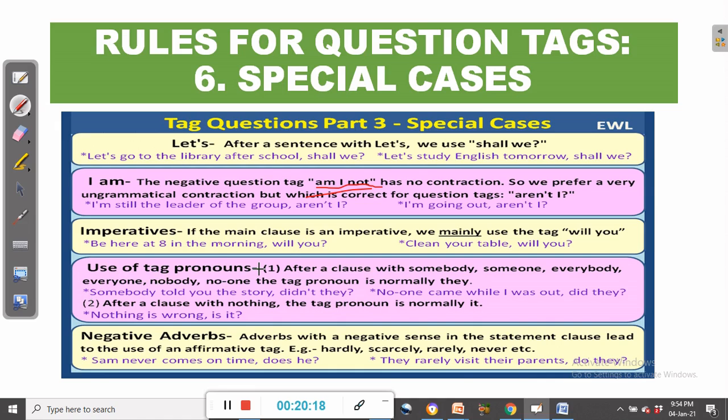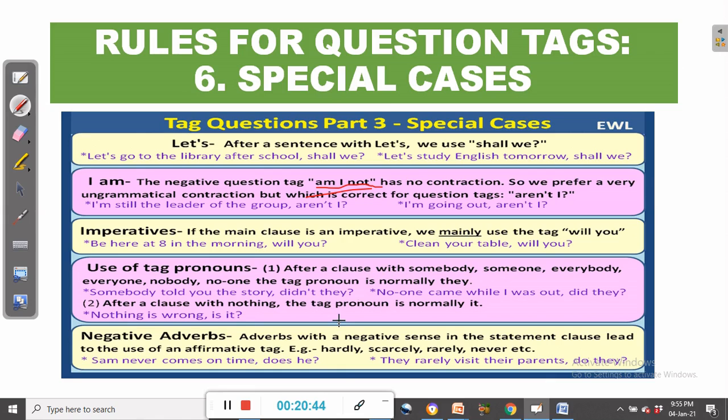The use of tag pronouns after a clause with somebody, someone, everybody, everyone, nobody, no one: the tag pronoun is normally they. So here we have an indefinite pronoun, and you know indefinite pronouns do not refer to any person in particular.